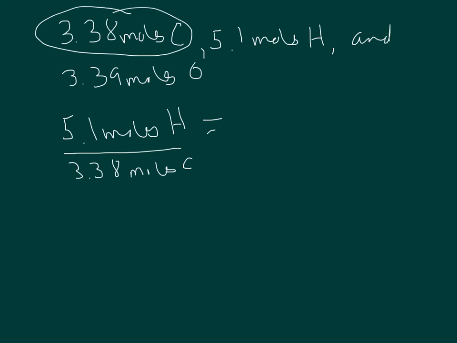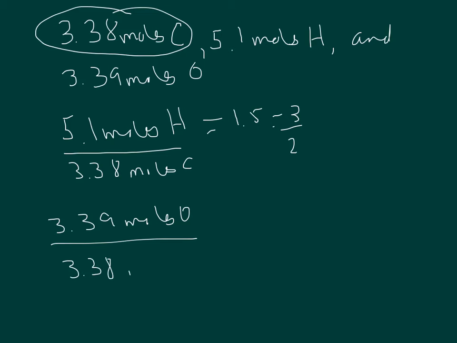And I divide that out and I get 1.5, which turning it into a fraction is 3/2. Then I'm going to take 3.39 moles of oxygen and put it over 3.38 moles of carbon. And that's basically a 1-to-1 ratio. So for every 1 mole of oxygen, we have 1 mole of carbon.